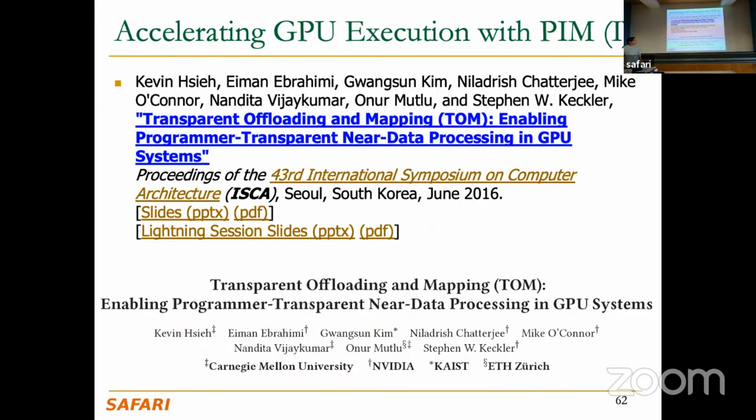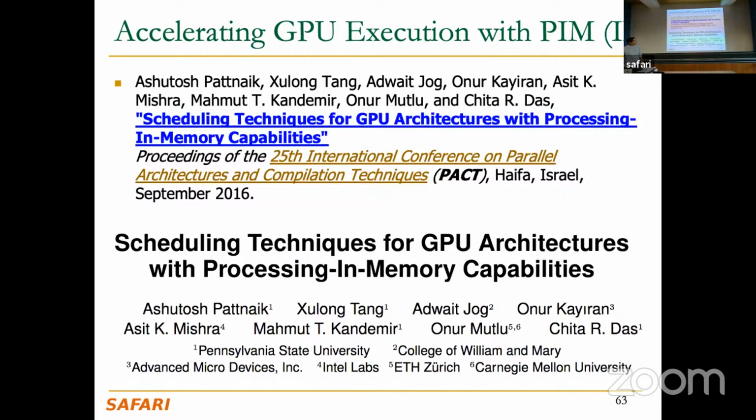This is one of them, a pretty interesting one, transparent offloading and mapping, which proposes a way of identifying sections of code that might benefit from execution near the memory and performs programmer-transparent offloading and scheduling for those. This is a somewhat similar work, but it targets offloading at a different granularity.